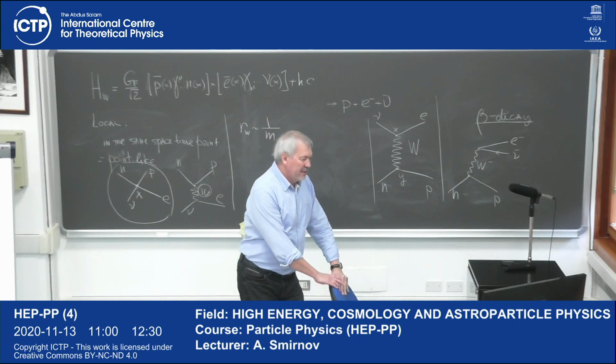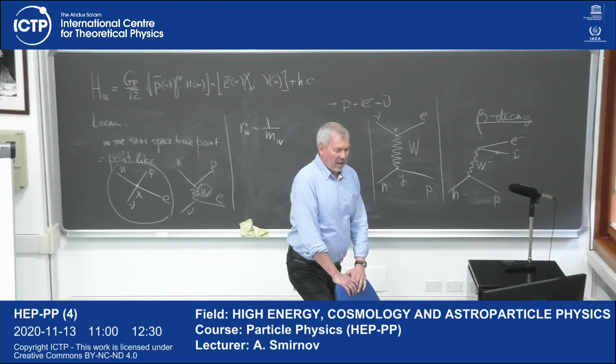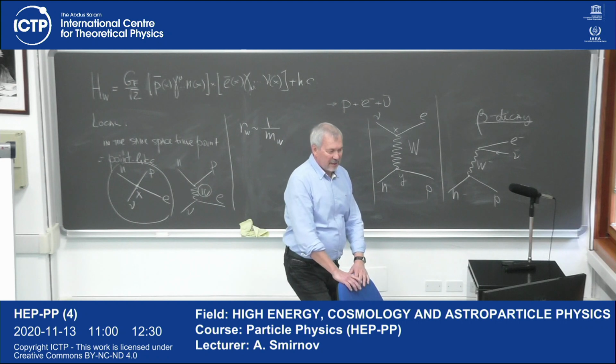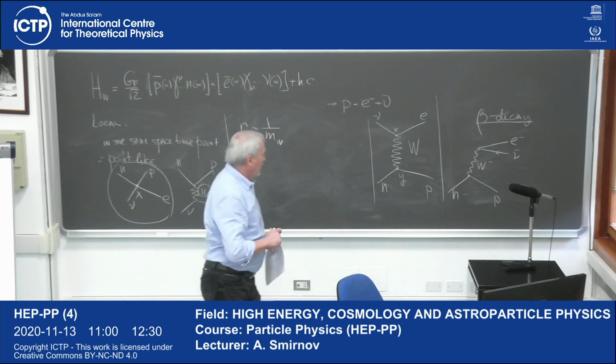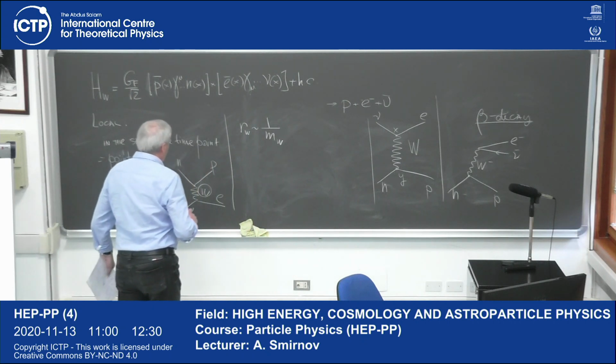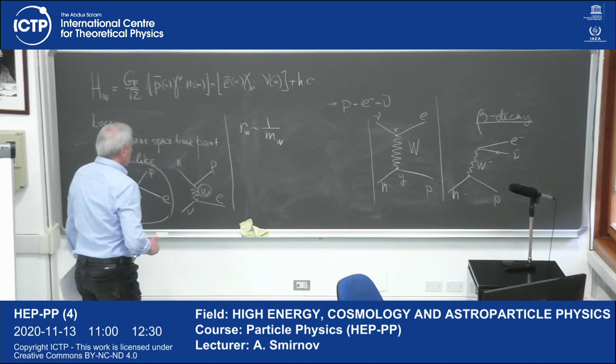So you can take this for the time being as an empirical rule, but you will certainly learn this in great detail in the quantum field theory course. I'm discussing this to make the following point.